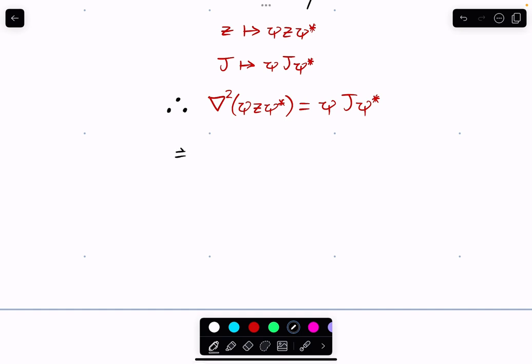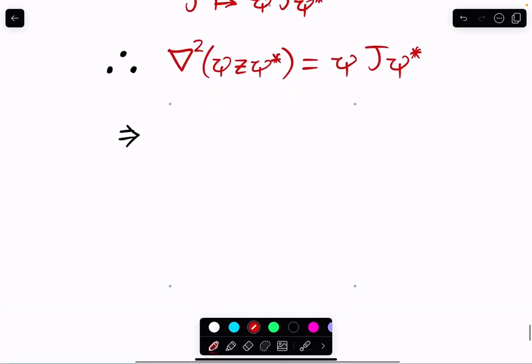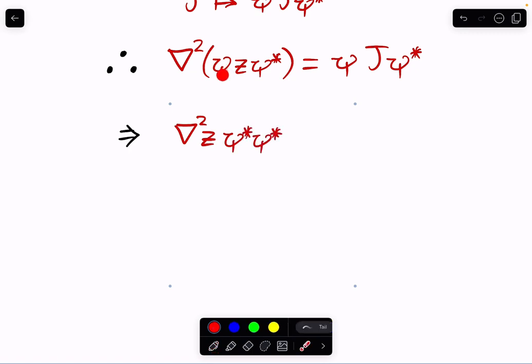Which is the same as doing this. Then you have C star, C star, because this C anti-commutes with this Z, so there's a star that ends up being there.